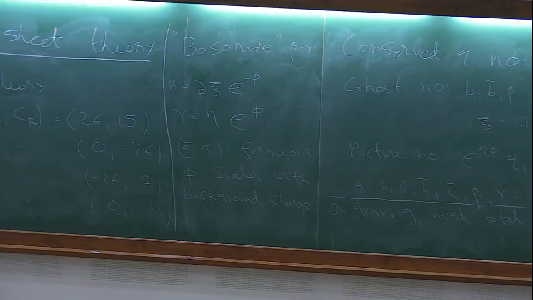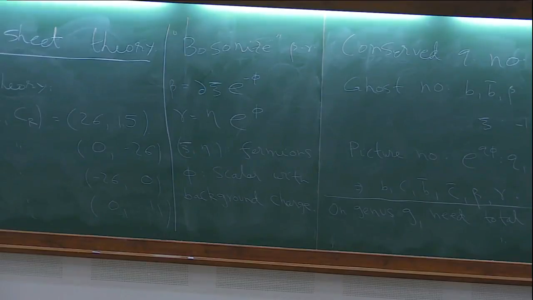So the mode expansion, b of z, for example, is sum over b_n z to the minus n minus 2, etc. But we'll be interested in xi and eta. So xi of z will have a mode expansion of the form sum over n of xi_n z to the minus n, and eta of z will have sum over n of eta_n z to the power minus n minus 1. These just reflect the fact that xi has dimension 0, and eta has dimension 1.